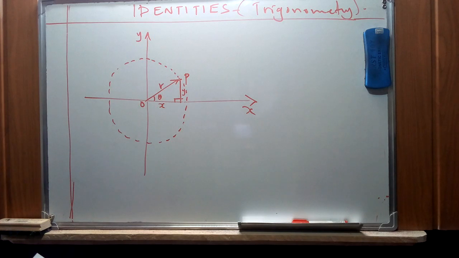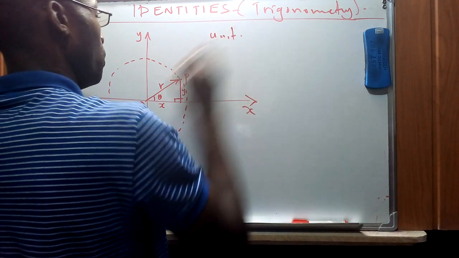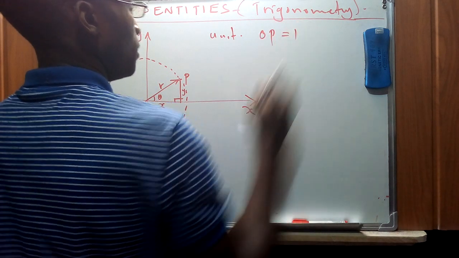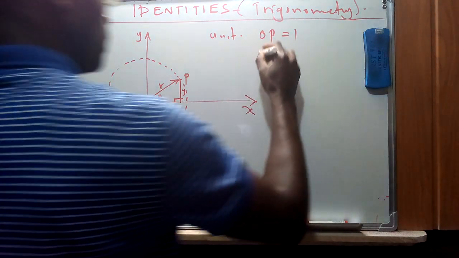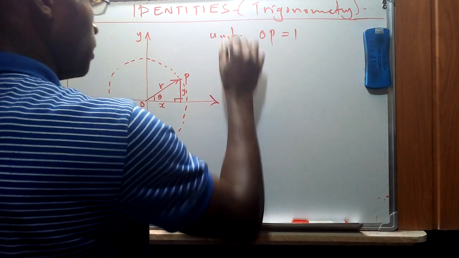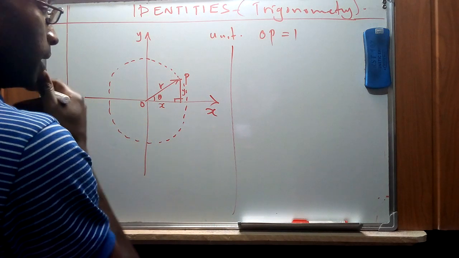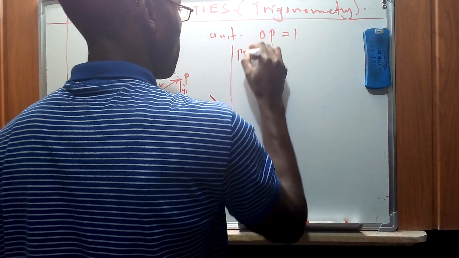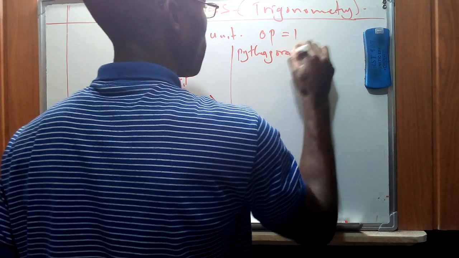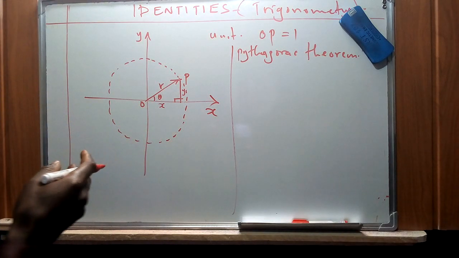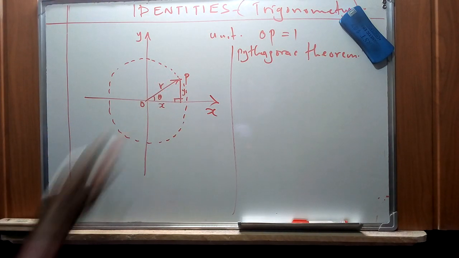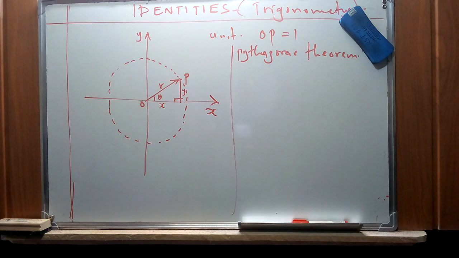When we were looking at the analysis of the unit circle, it is a circle for which OP equals 1, where 1 is a unit. The relationship that came about from this is that we had Pythagoras theorem, whereby we saw that we can represent these specific x and y distances in specific ways.